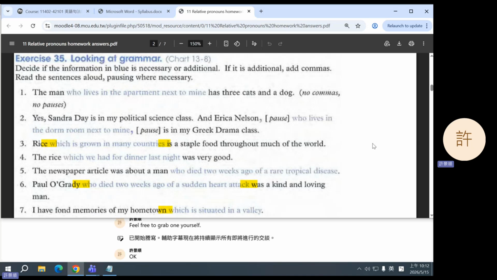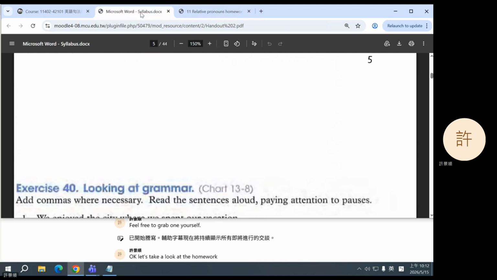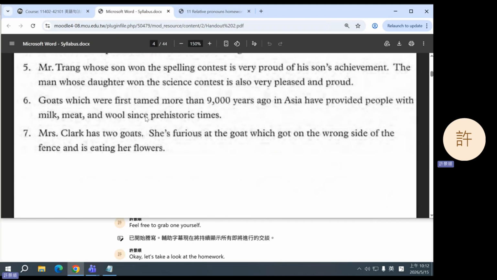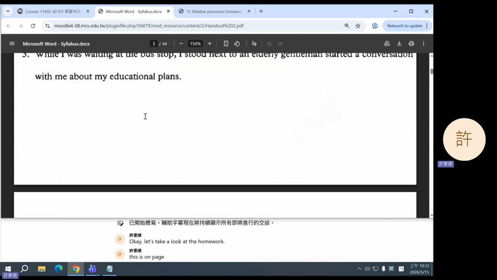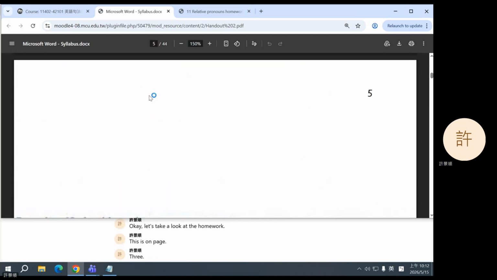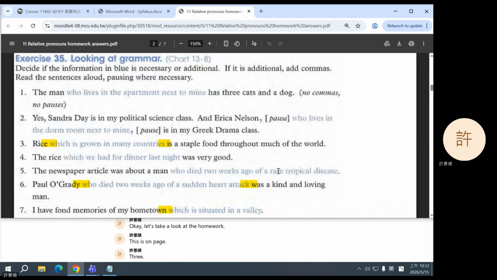Okay, let's take a look at the homework. This is on page 3. Questions about page 3?